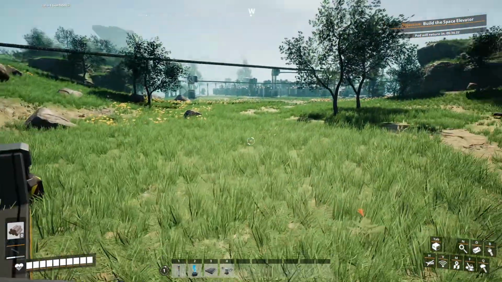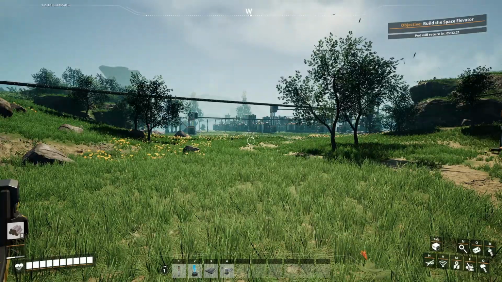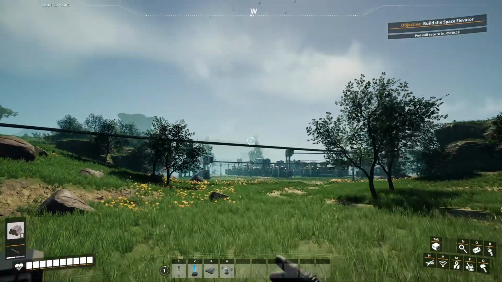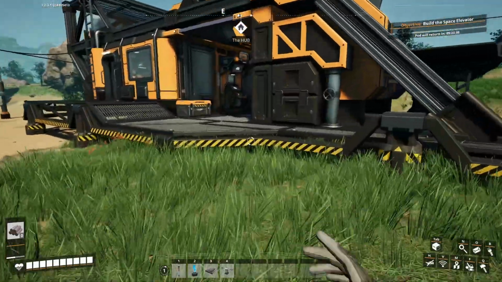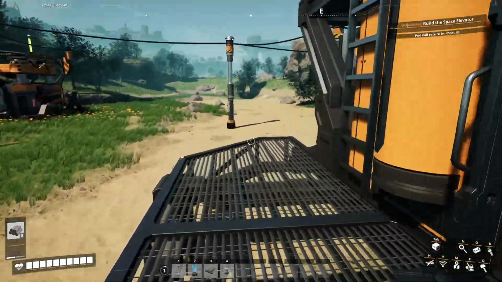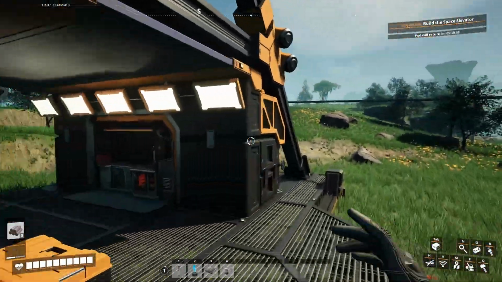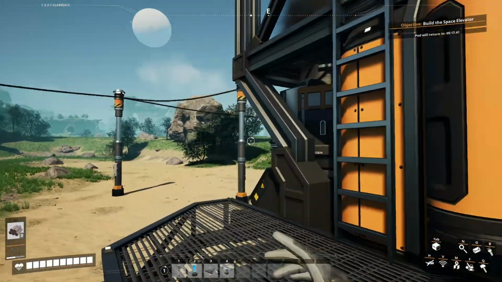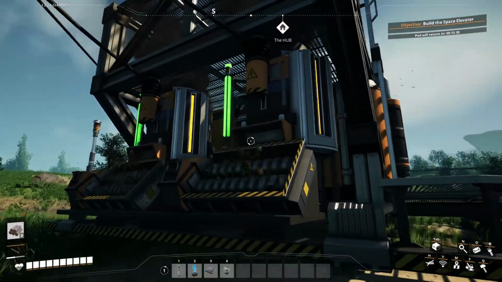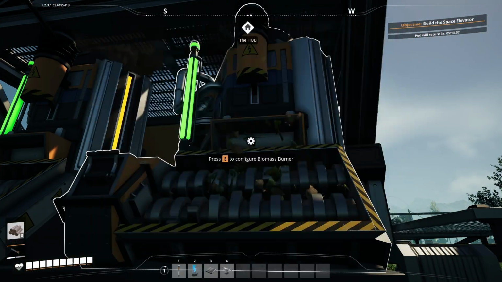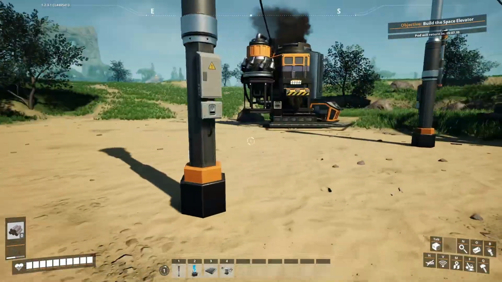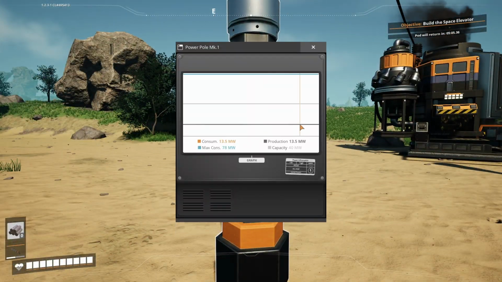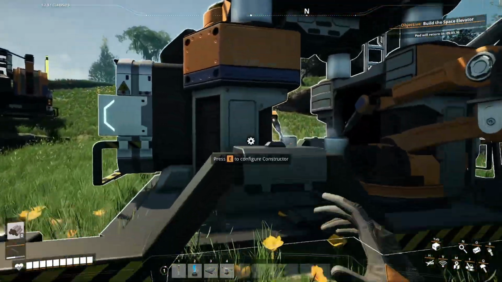Now that I've done all that work over there, I'm realizing that my system is good, but truly the bottleneck is not the conveyor belts like I thought it would be. It's just the rate at which you can consume all of those materials in order to produce what you're trying to produce.